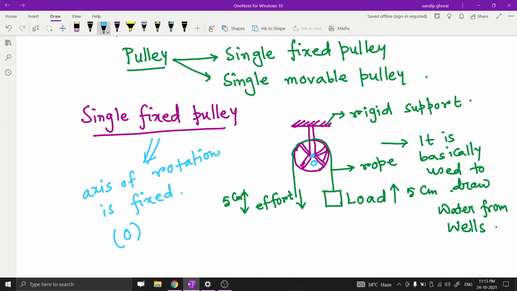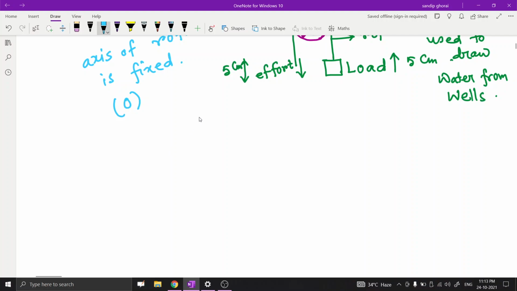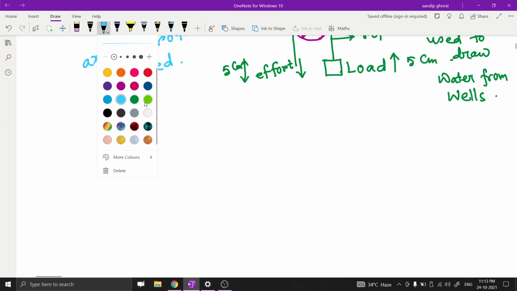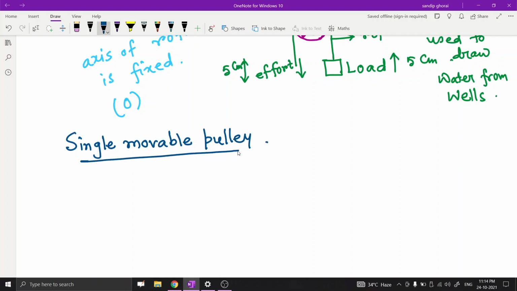Now we move to our second point, that is single movable pulley. What is the definition of a single movable pulley? In a single movable pulley, the axis of rotation is not fixed.